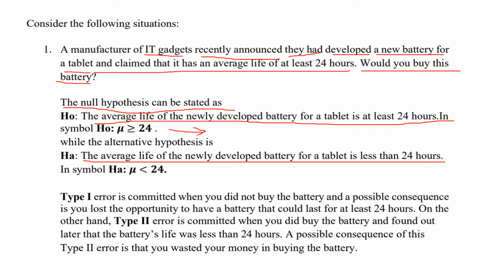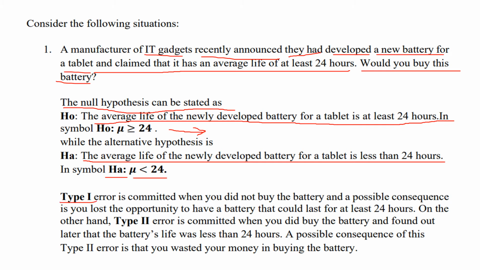Because we assume that your population mean is greater than or equal to 24 in your null, then since we said a while ago that your alternative hypothesis is totally opposite of your null, HO, your population mean in your alternative hypothesis is less than 24. So that will be our assumption for your alternative hypothesis.